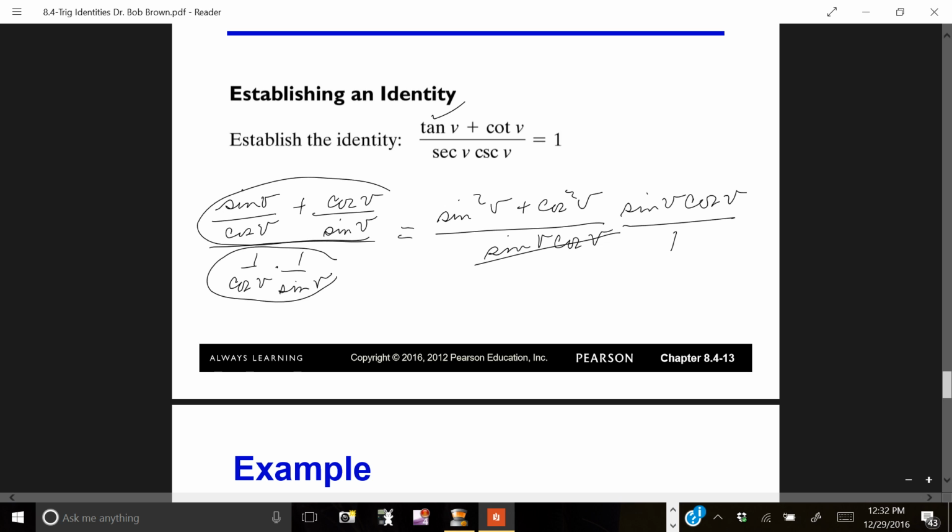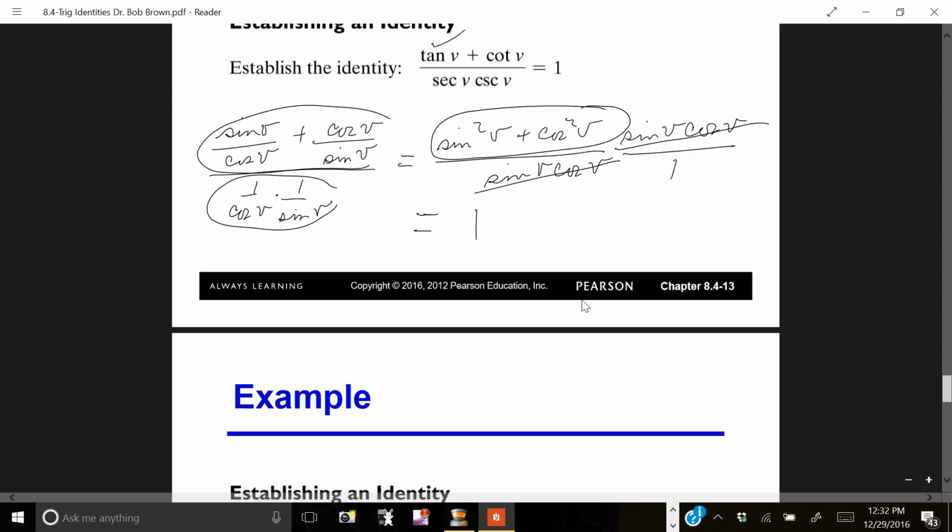And sine of v cosine of v cancel, and remember that sine squared of v plus cosine squared of v is 1. So we indeed get 1, as we were asked to prove.